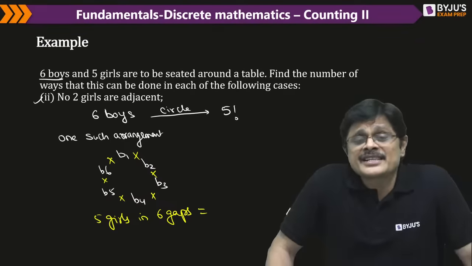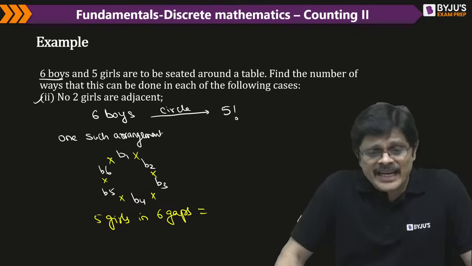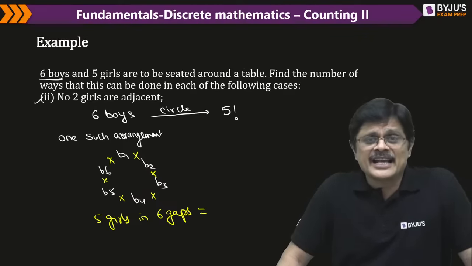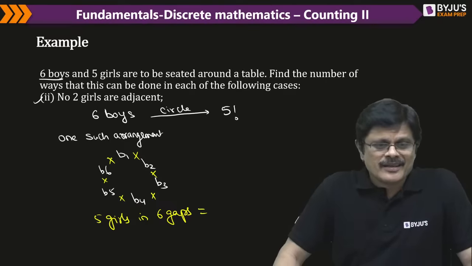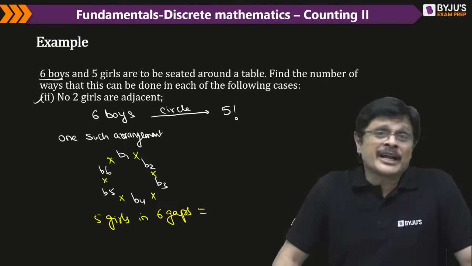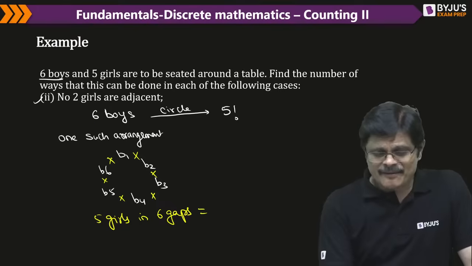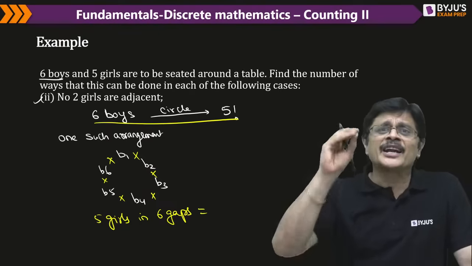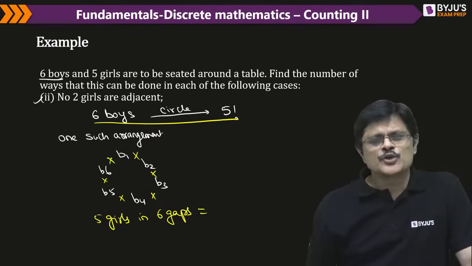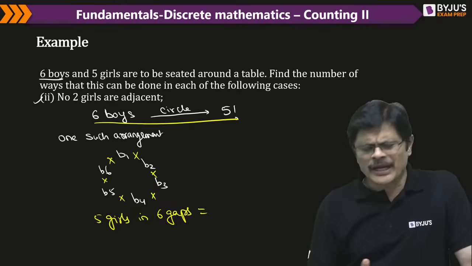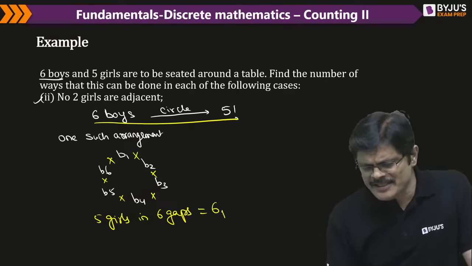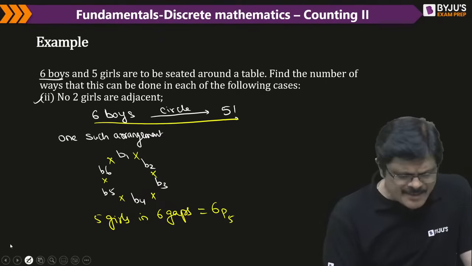5 girls can be arranged in 6 gaps in how many ways? Now it's a circle. Is there any difference in the answer for circular permutation? Some people worry about it. But my dear friends, when you are arranging the boys, you have already fixed some object. So you don't have to do the fixation every time. So you can happily do this in 6P5 ways.